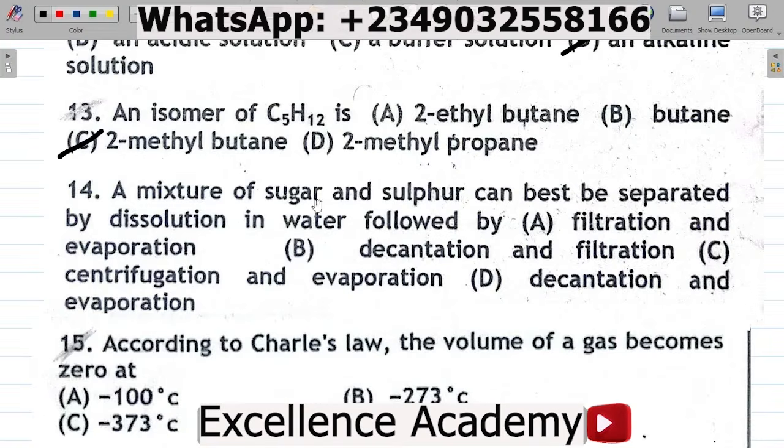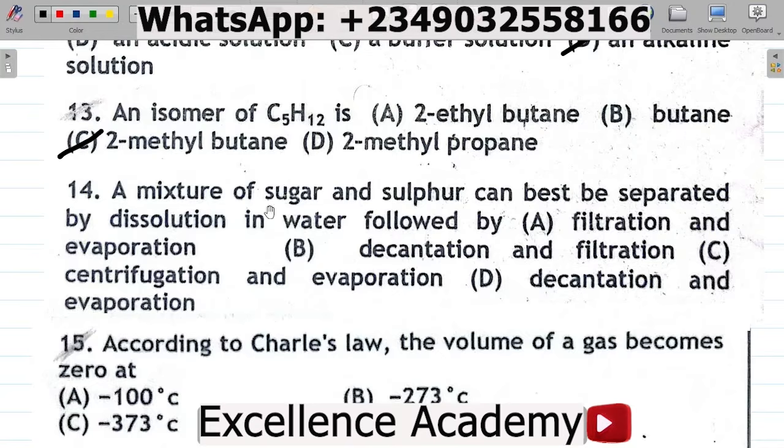To answer this question, you want to know that you have sugar and sulfur being dissolved in water. Sugar would completely dissolve in water, giving you a sugar solution, leaving sulfur. What to do is very simple. With that mixture having sugar, sulfur, and water, you pass it through a filter paper.